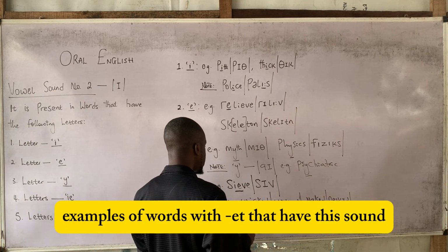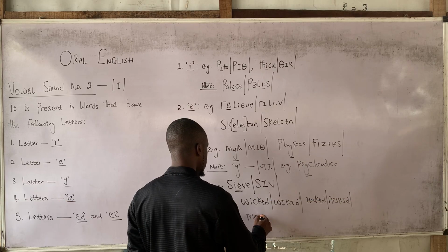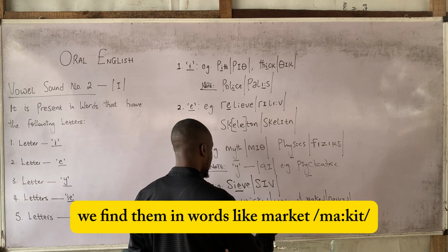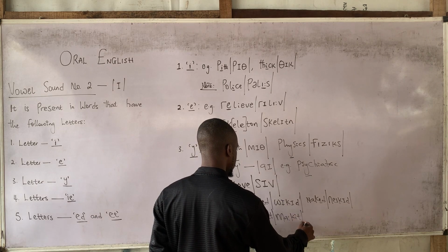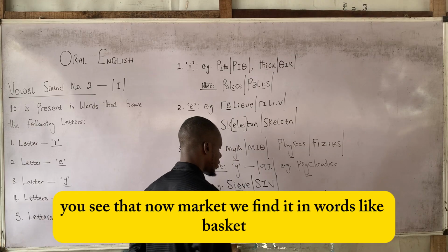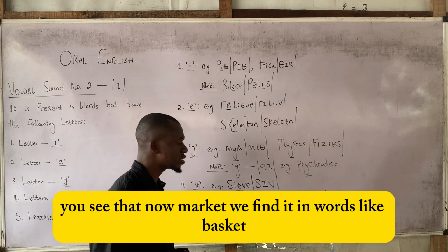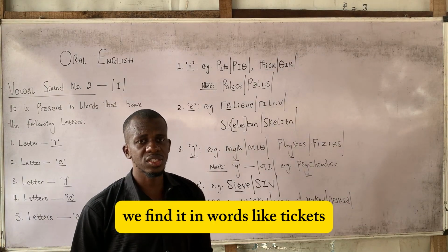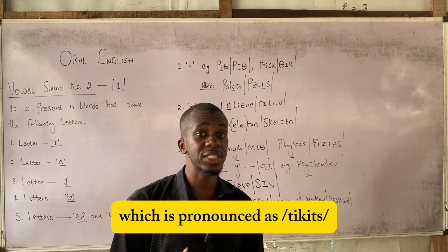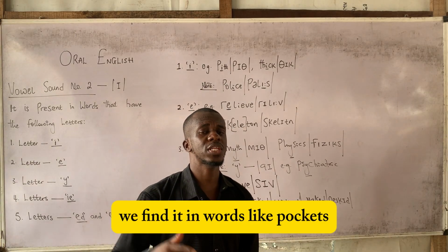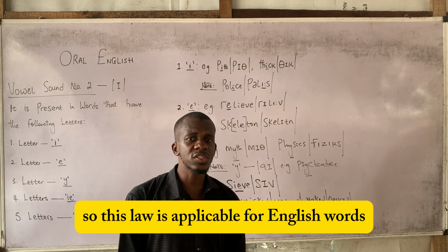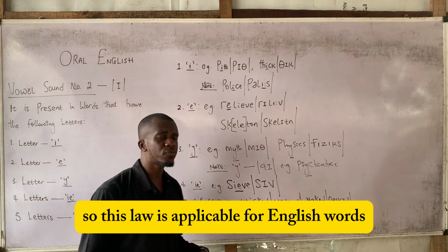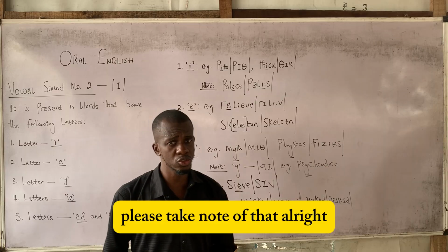Examples of words with et that have this sound, we find them in words like market. Market. All right? You see that now? We find it in words like basket, tickets, pockets. All right? So this law is applicable for English words. Please take note of that.